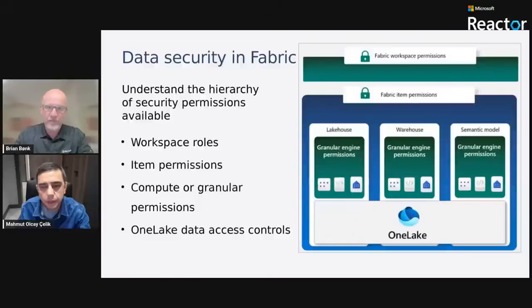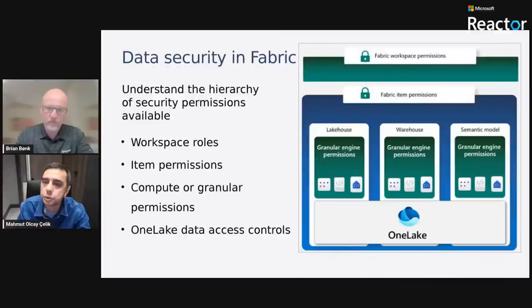Perfect. So let's now talk a little bit about the workspaces. Without further ado, let's talk a little bit about data security as well. Data security in Fabric has several building blocks that can be configured individually, and which are aligned together with different access requirements.